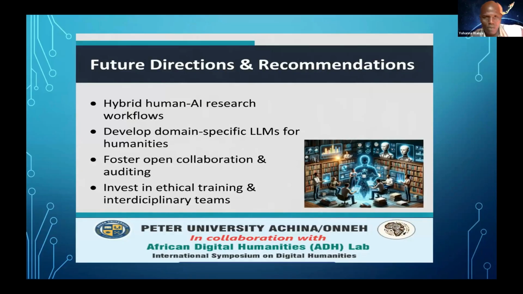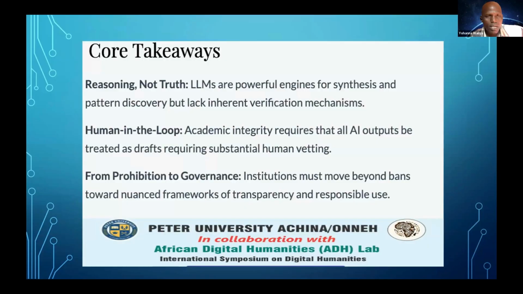Now, for our core takeaway: though LLMs are very powerful engines for synthesis and pattern discovery, they lack inherent what? Verification mechanisms, due to what we call the black box. Black box in this sense means that they are not transparent. Some of the data are not transparent.